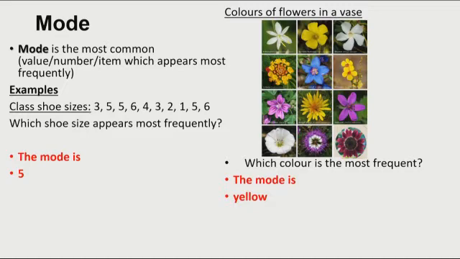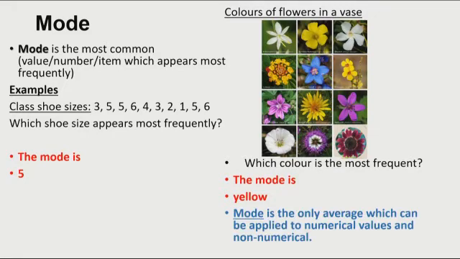Now, look at the difference between the two. The first one, the shoe size, has been given in terms of numbers. The second one, the colors, has been given in terms of words. We've got the white, yellow, blue, purple, red. But still we can find the mode.